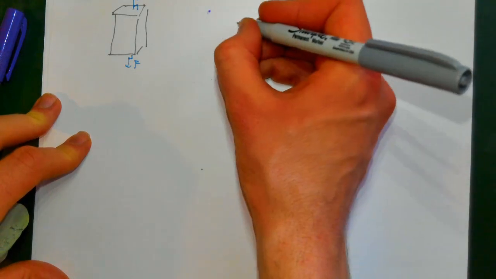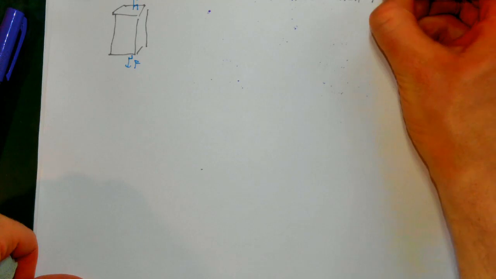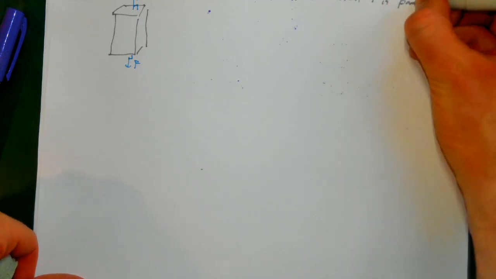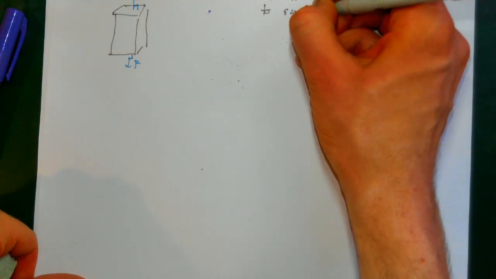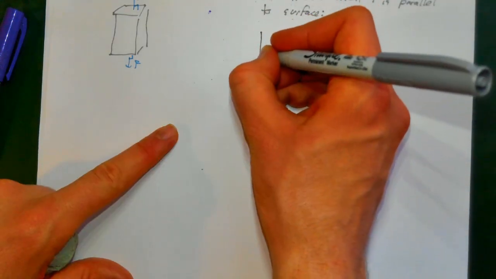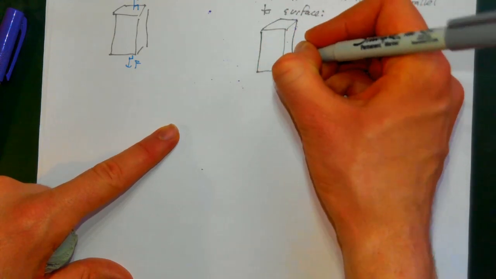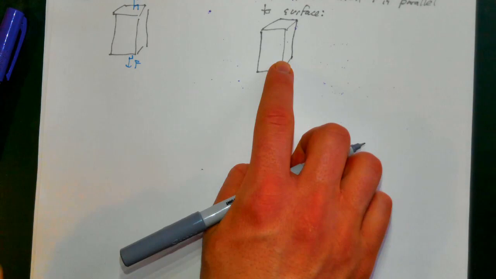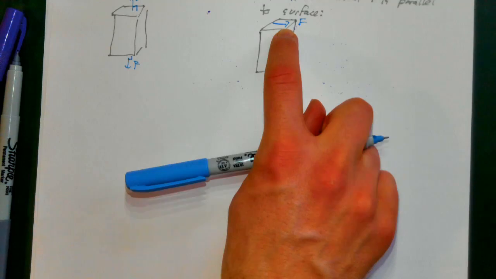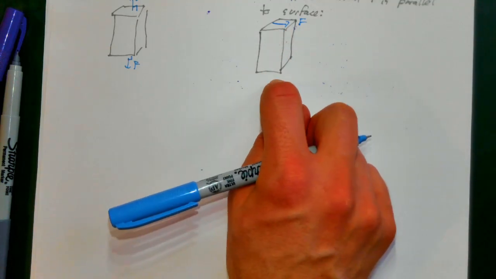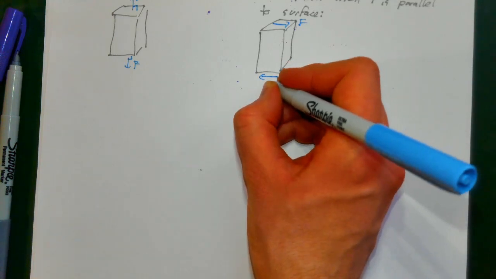If I think about shear stress, it's basically when the force is parallel to the surface. So what does that look like? If I have some chunk of material, I apply a force that looks like this, but I'm going to need an equal and opposite force applied to this end.